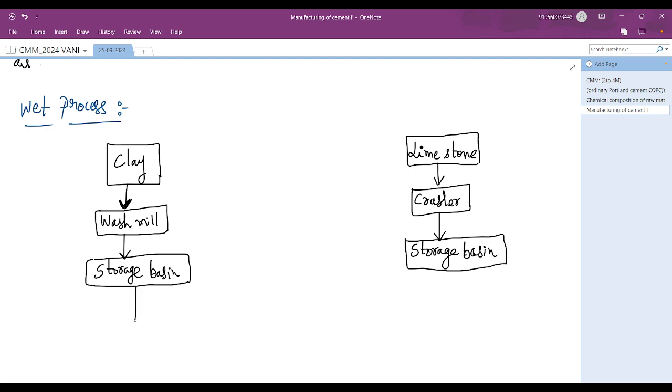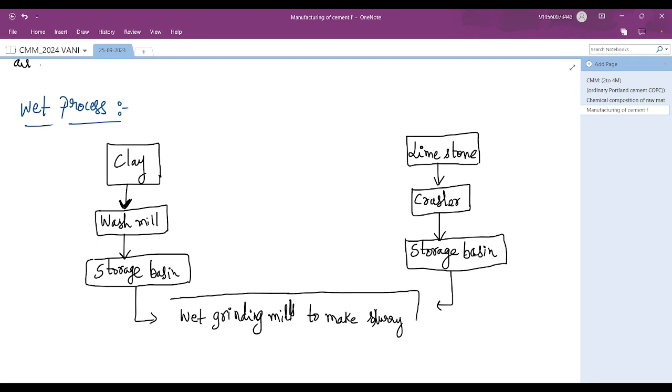So these two ingredients from storage basin are taken into wet grinding mills to make slurry.